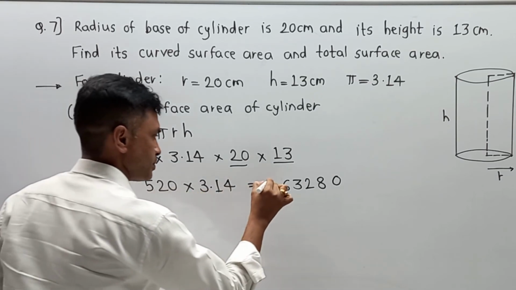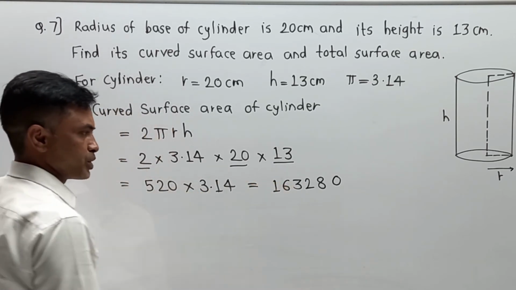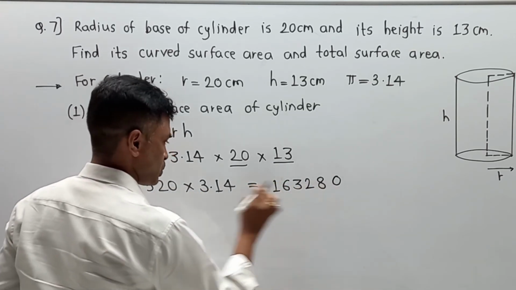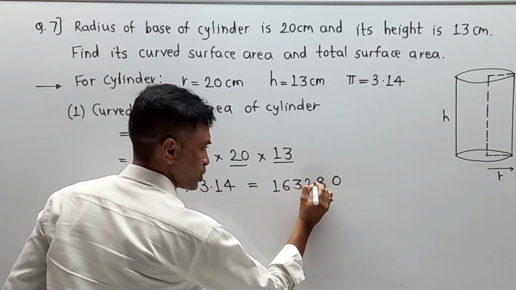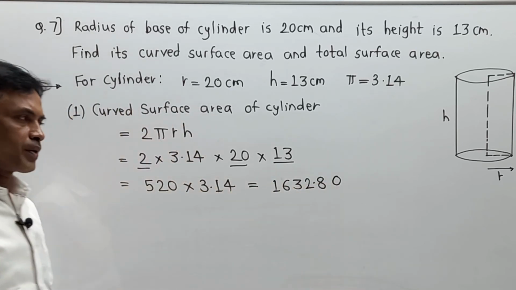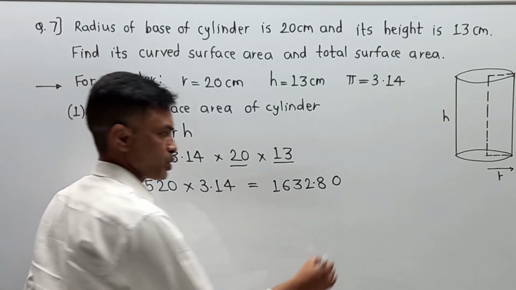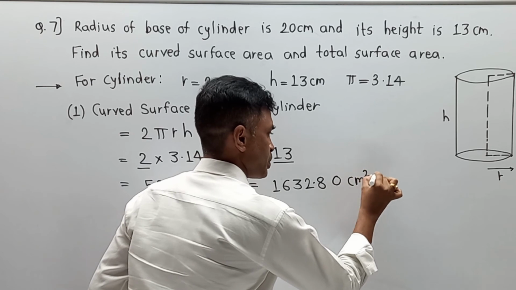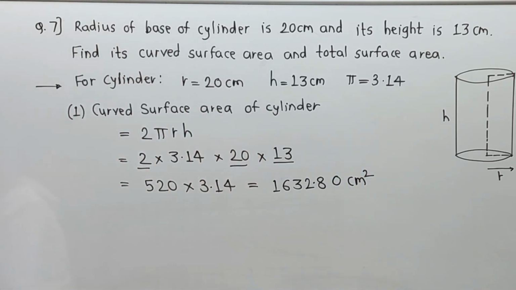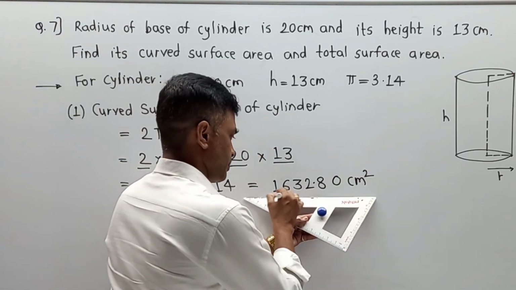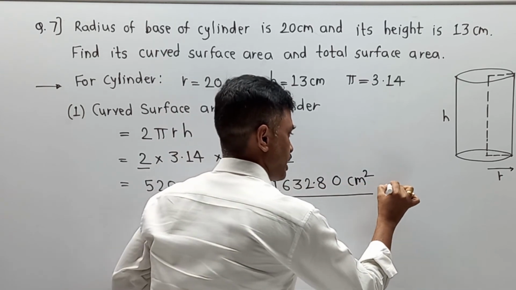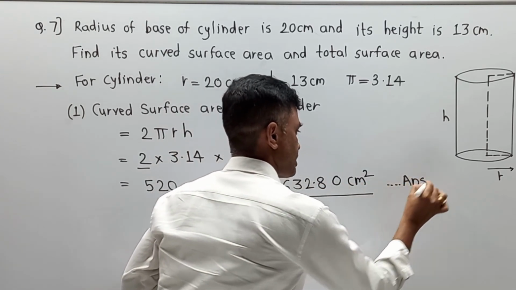And finally 1. So this answer becomes 1632 and two decimals means 08. So our answer becomes 1632.80, and automatically it becomes square centimeter. This is our first answer, so I am going to underline it and call it the answer.